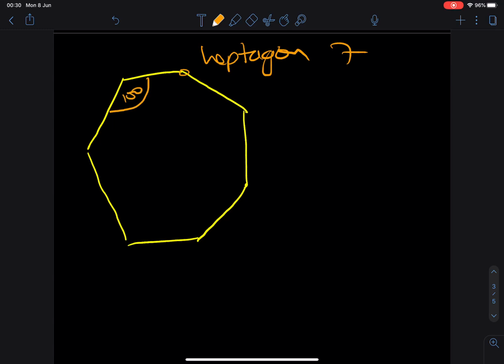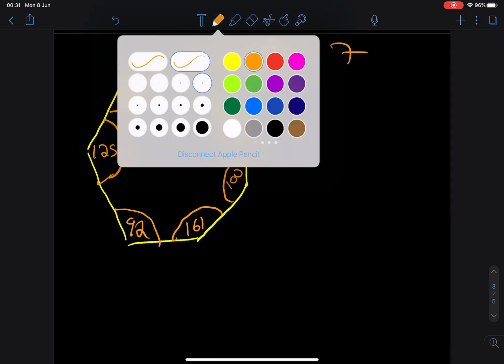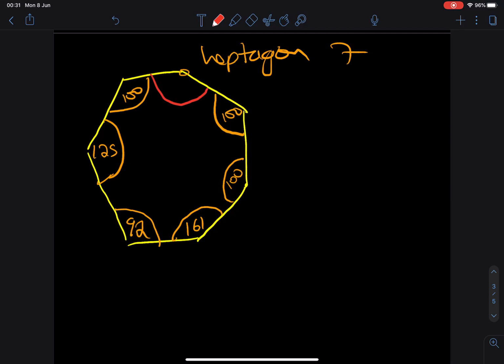Let's say this is 100 degrees, this is 125, obviously this is not drawn accurately, this is 92, this is 161, this is 100 degrees, and this is another 100 degrees. The question is, what is the value of this angle over here?